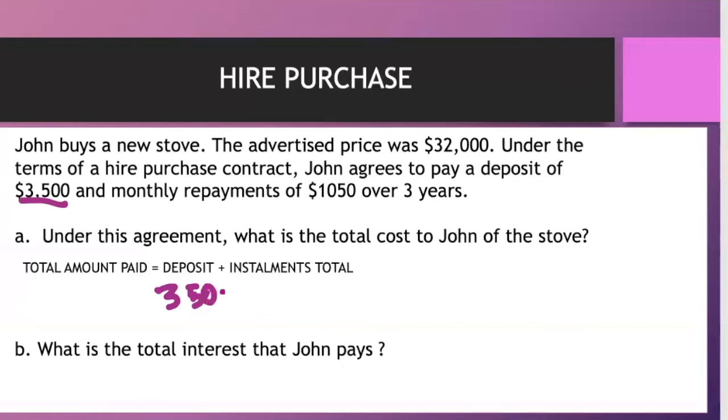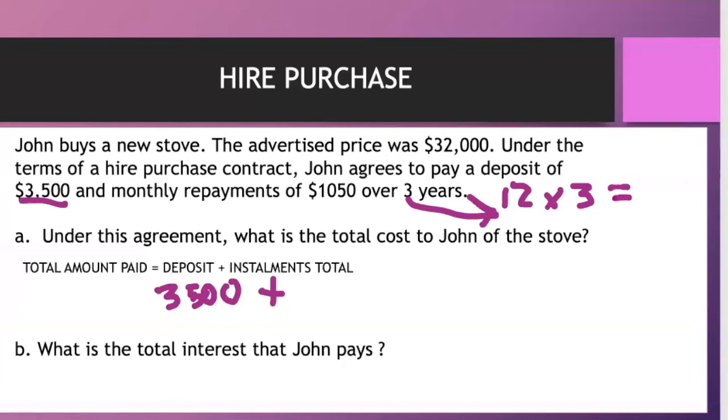Now what I need to note is the total installment. To find the total installment, first of all, they say 3 years, but I'm paying it monthly. In 1 year, I have 12 months. So in 3 years, I am going to have 12 times 3.